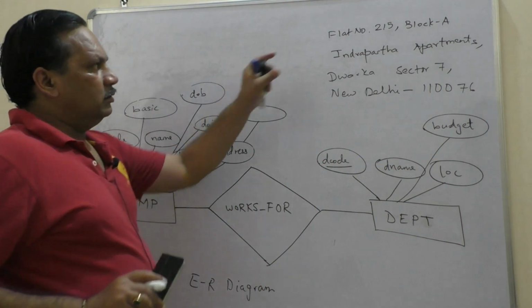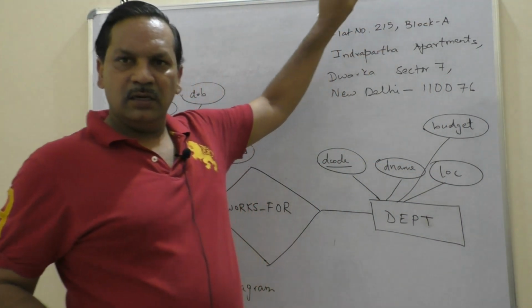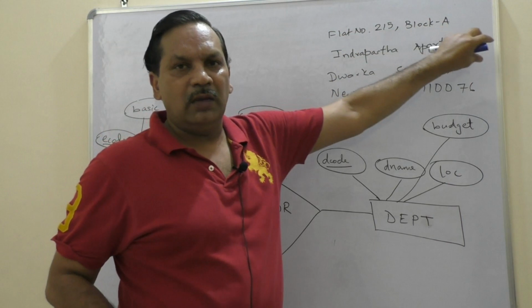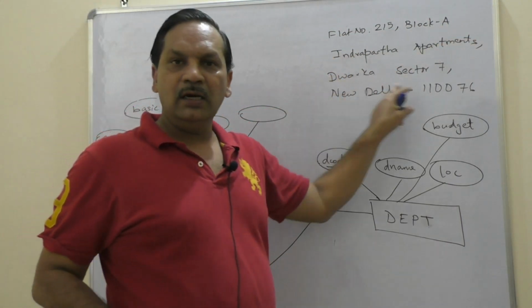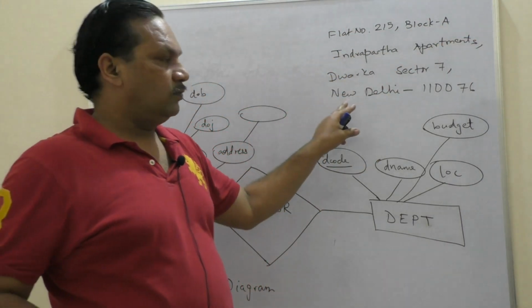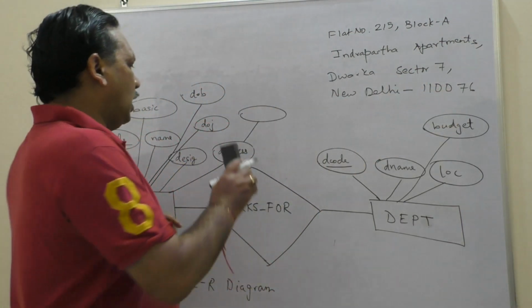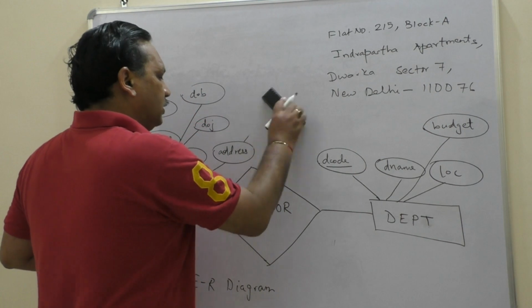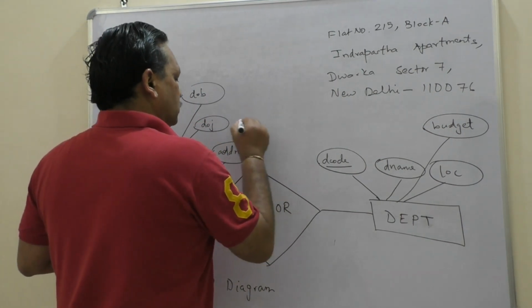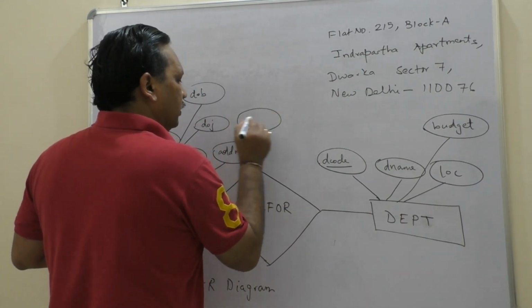In the address there is a flat number. This is the name of the apartment. This is the area, the locality, and this is the city, and the zip code or pin code. So this address could be further defined as follows. Just see it very carefully.